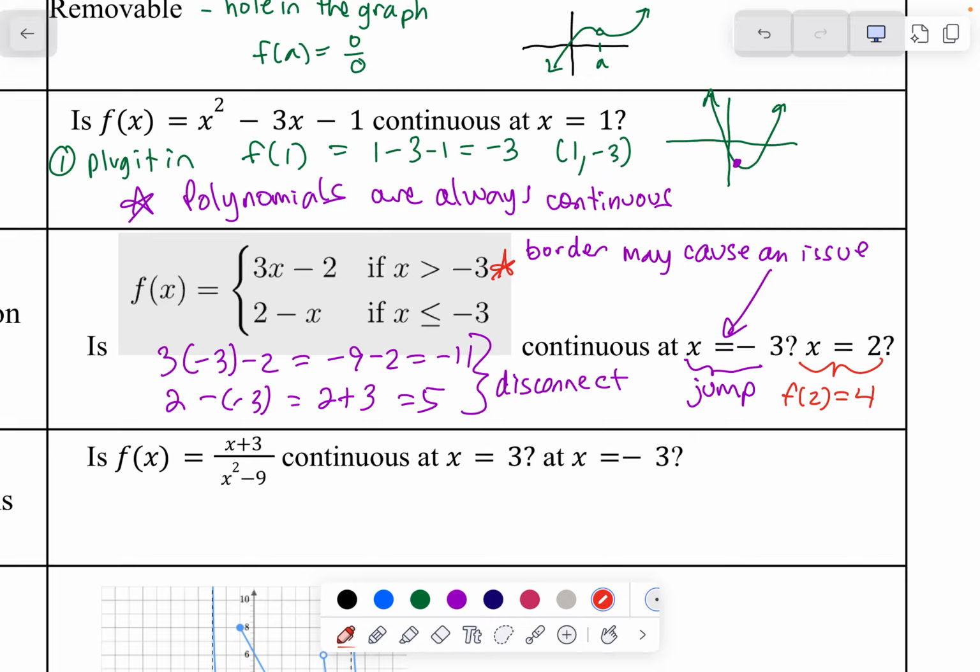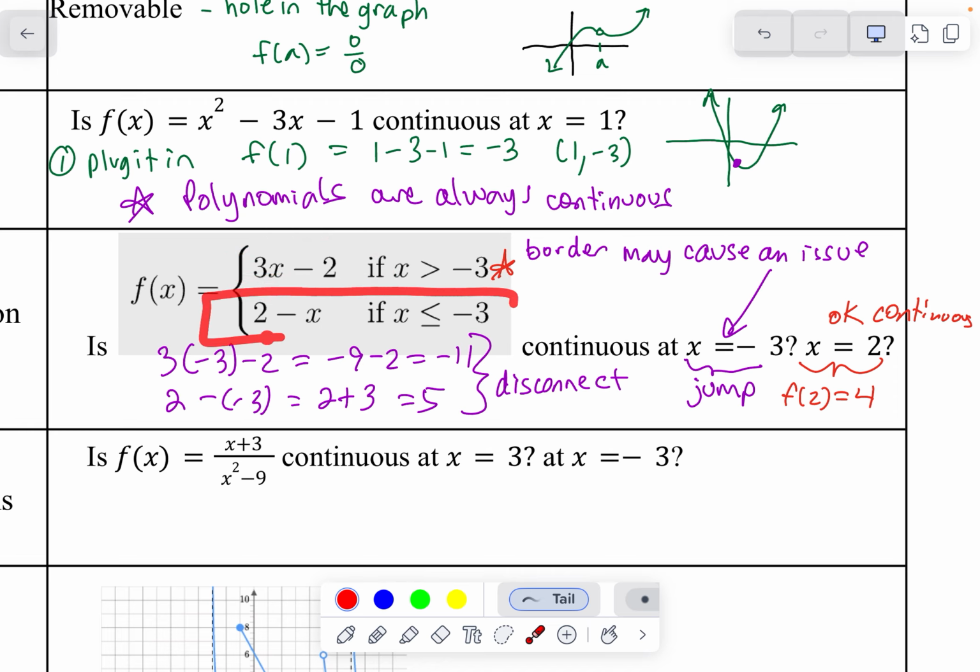It's okay. It's continuous there. A piecewise function to the left of the border of -3, every single place is continuous. It's just a line. To the right of the border of -3, it's continuous. It's just a line. It's only at that border value you have to ask yourself, do they come together?